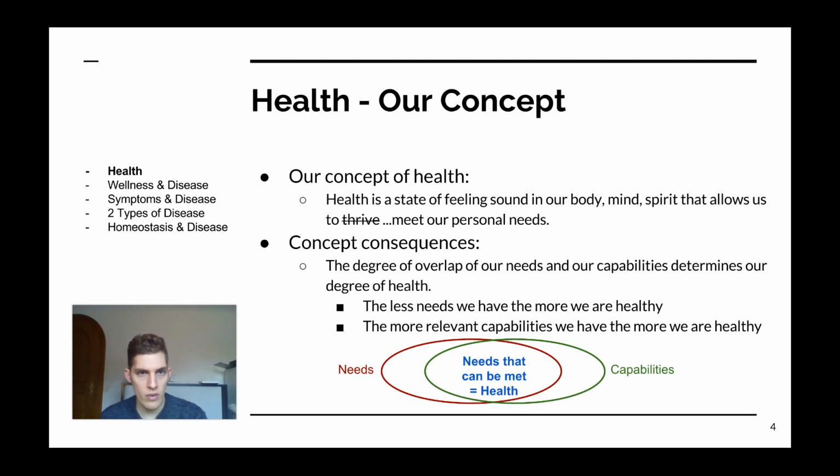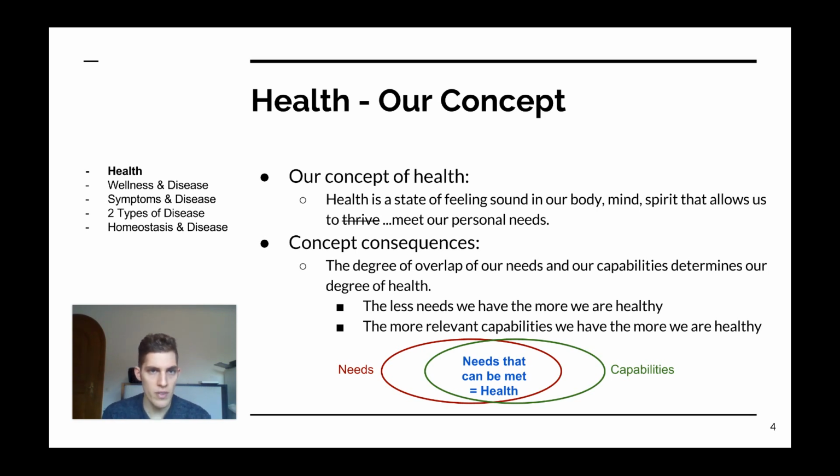Now, what are the consequences of this expansion? In this diagram, we see both our needs and our capabilities represented as circles. Health is actually the overlap between our personal needs and the capabilities we have. Basically, the degree of overlap determines the degree of health.